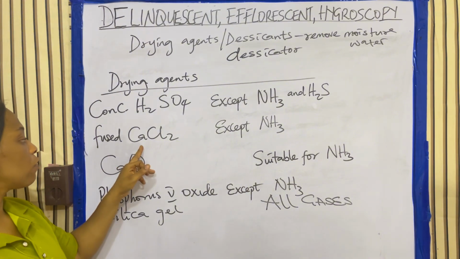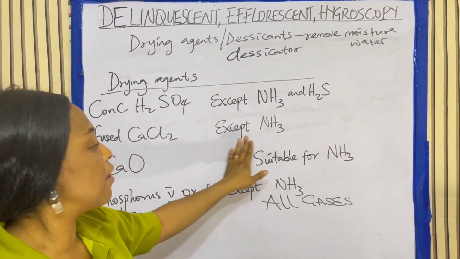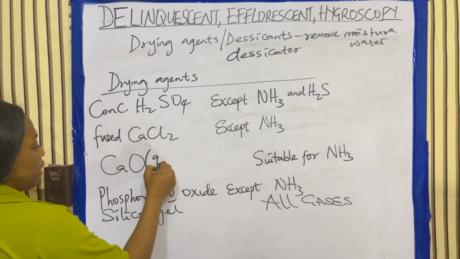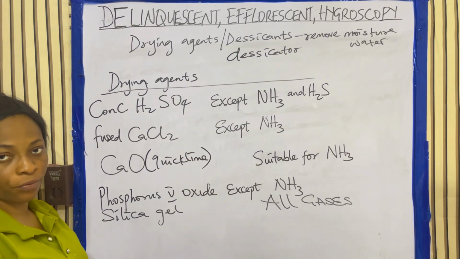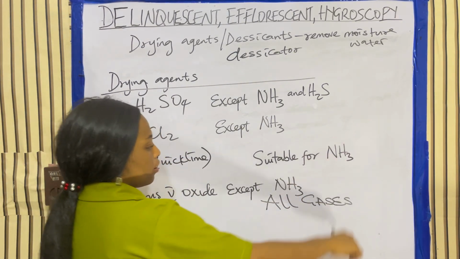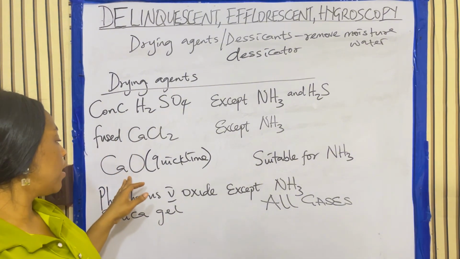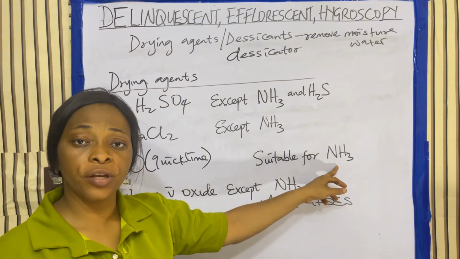Then fused calcium chloride is going to dry all gases except ammonia. Calcium oxide, another name for which is quicklime, is suitable for drying ammonia. Please take note, this is the examiner's favorite. Quicklime or calcium oxide is suitable for drying ammonia.